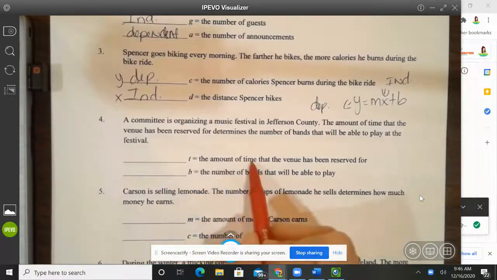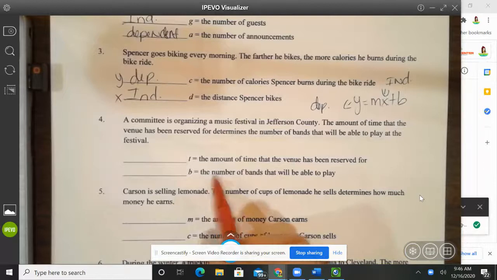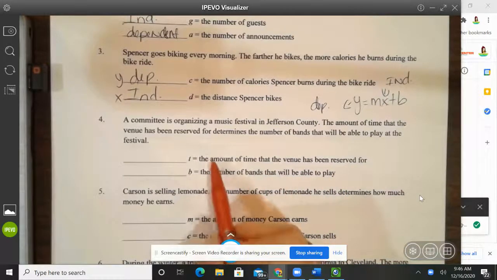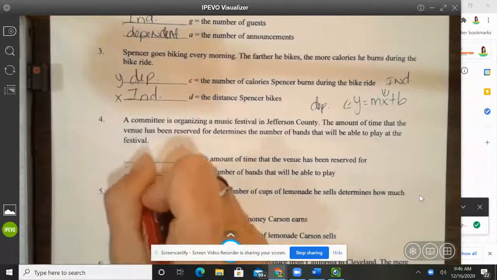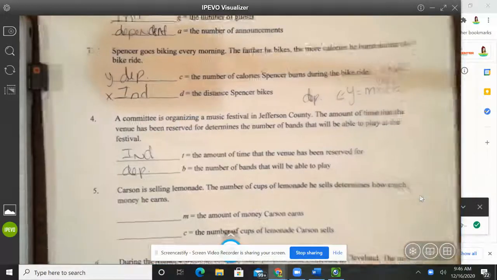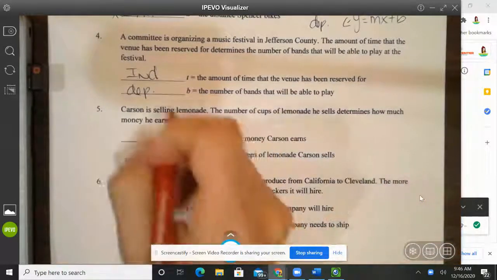So the number of bands would be dependent on the amount of time, right? Because it depends how much time you have, how many bands can play. So this is the dependent and this is the independent. That's all we're doing here, identifying the independent and dependent variable.